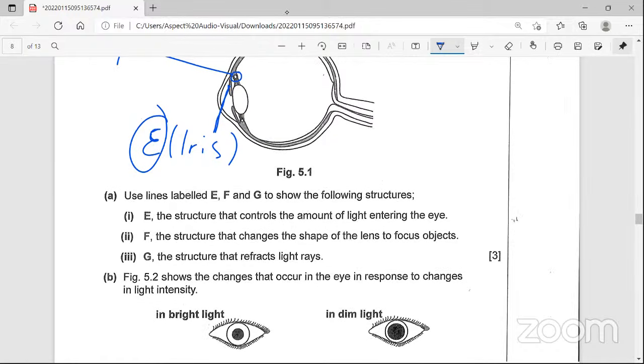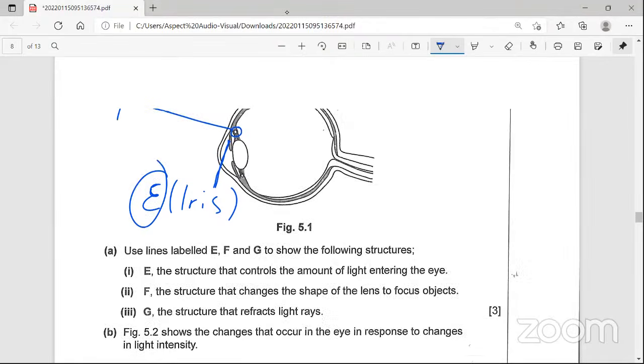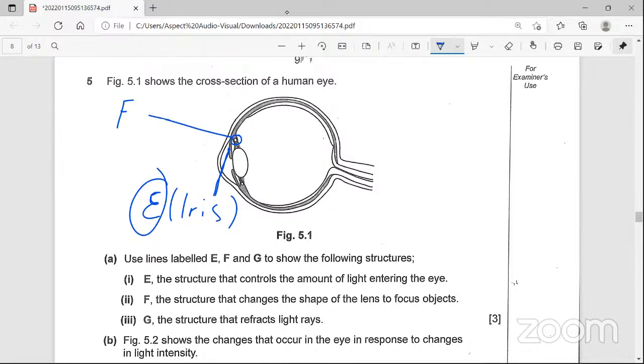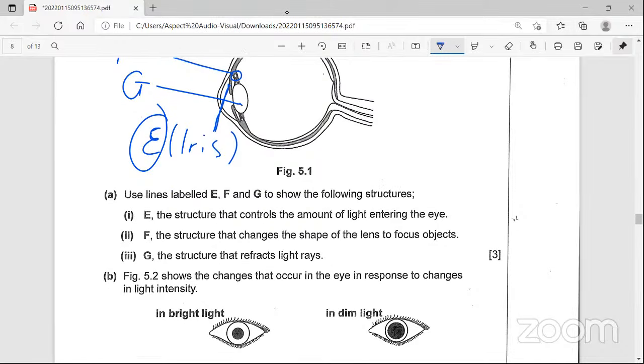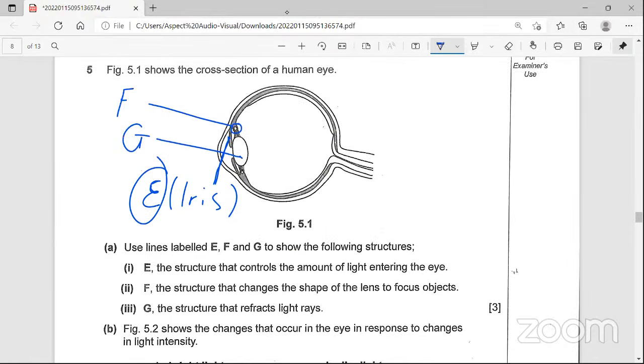Okay. G, the structure that refracts the light rays. Which one is the second part? Yeah, I remember. So this one. So what is the answer? G. We were saying that, where is that?